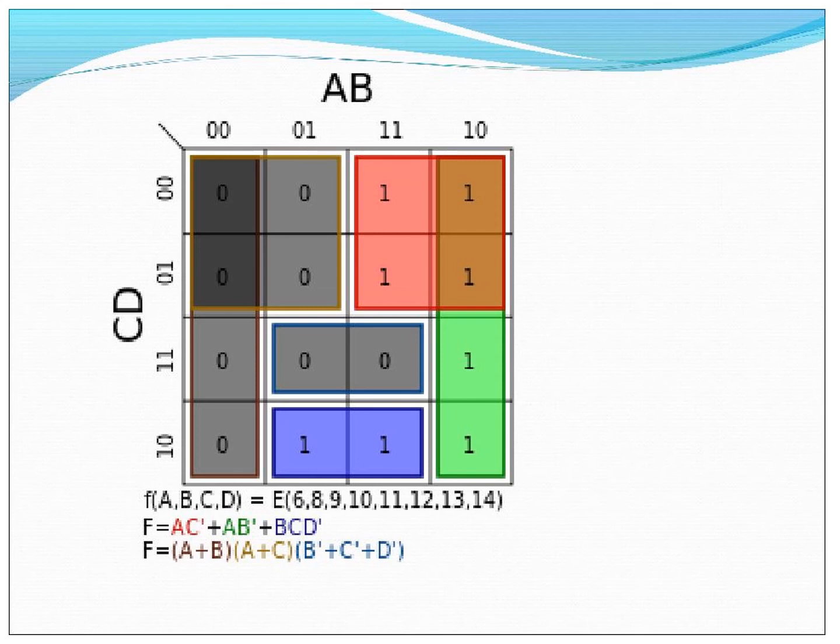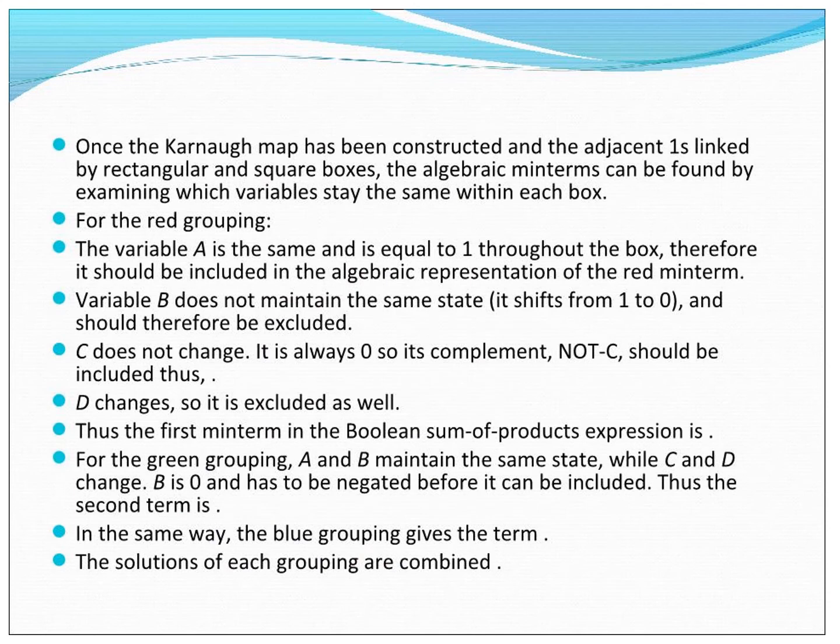Once the K-map has been constructed and the adjacent ones linked by rectangular and square boxes, the algebraic minterms can be found by examining which variables stay the same within each box and which variables change. For the red grouping, the variable A is the same and equal to 1 throughout the box, so it is included in the red minterm.